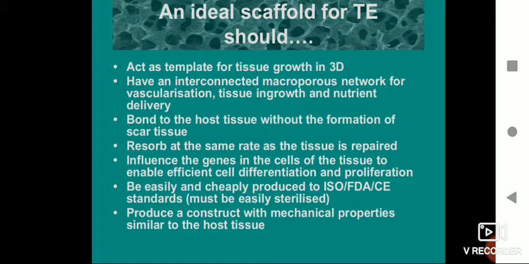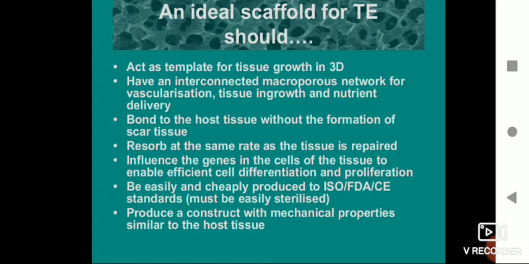Second, it should be resorbable, that is, it should be able to degrade at a rate such that when the normal tissue is being formed, it slowly replaces the scaffold. Then it should also have properties to influence the cells which are being seeded in the scaffold, because only when the cells or the genes of the cells are influenced will the cells be able to properly differentiate and proliferate to form the complete tissue.